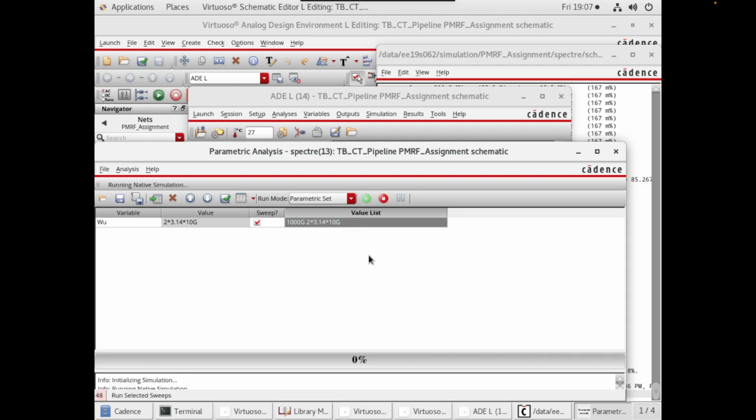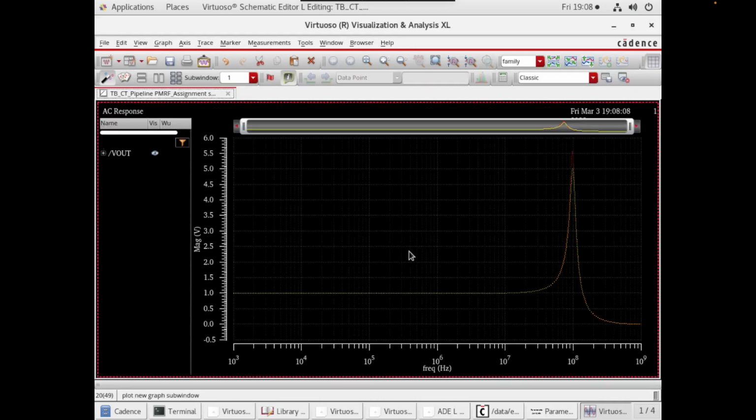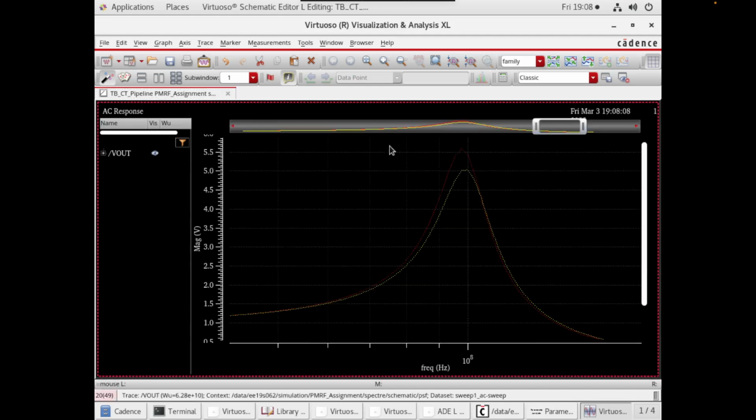So these two things we will run and see for ourselves. So these are the results that we got.